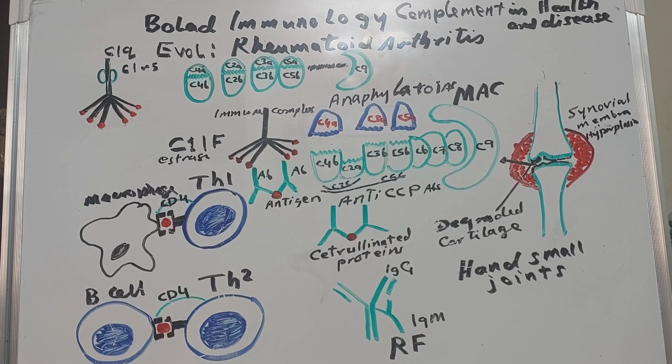However, the test or detection of these anti-cyclic citrullinated peptide antibodies could be done in the early stage of rheumatoid arthritis. So these antibodies have predictive value even before the appearance of symptoms.